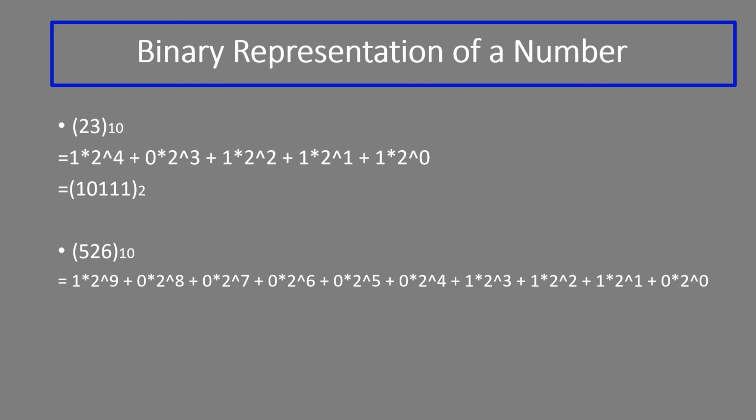The remaining number will be 526 minus 512, which is 14. Then the maximum power will be 3, which is 8. If we make the power 4, then it will be 16, which is greater than 14, right? So the maximum power we can use for a number less than or equal to 14 is power 3.